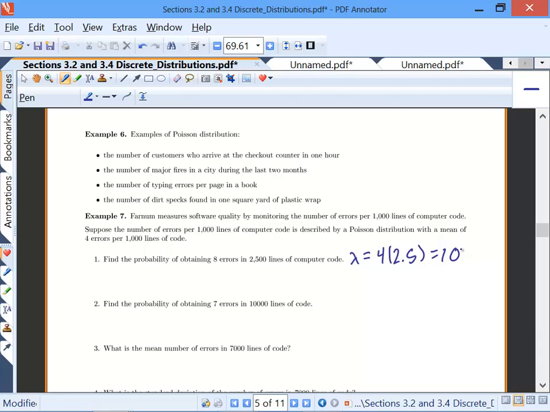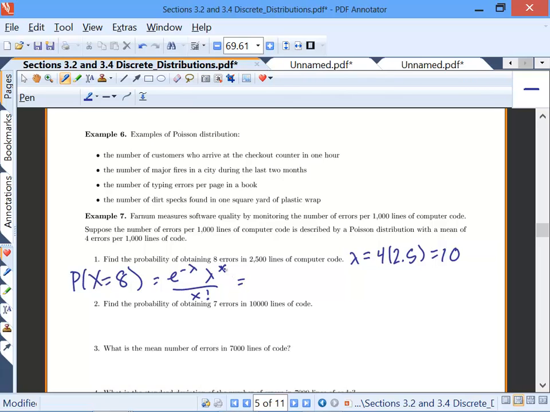Now find the probability of obtaining our 8 errors. So I'm looking for the probability that x equals 8. Our formula is e to the negative lambda, lambda to the power of x over x factorial.